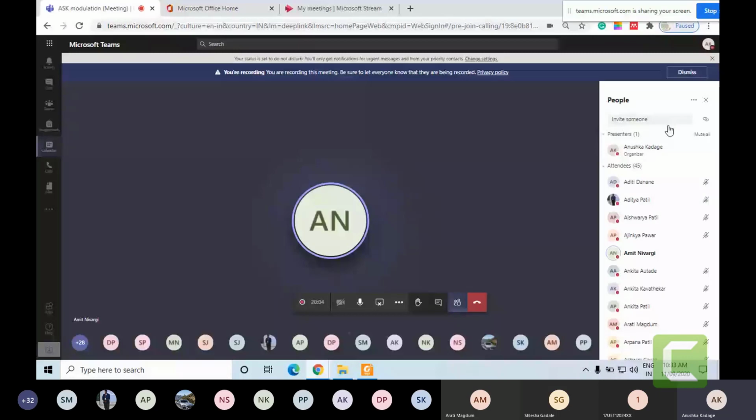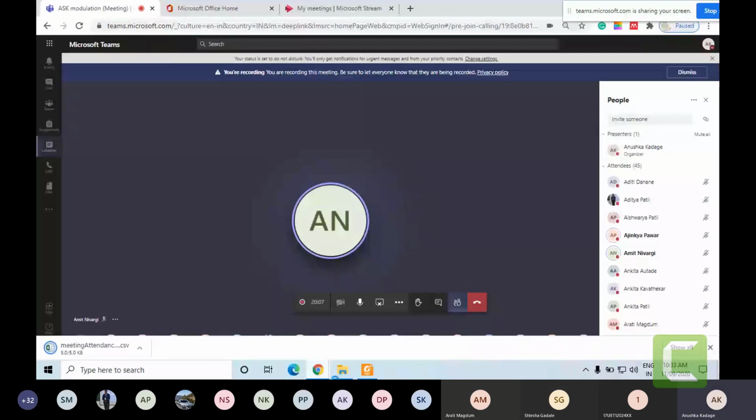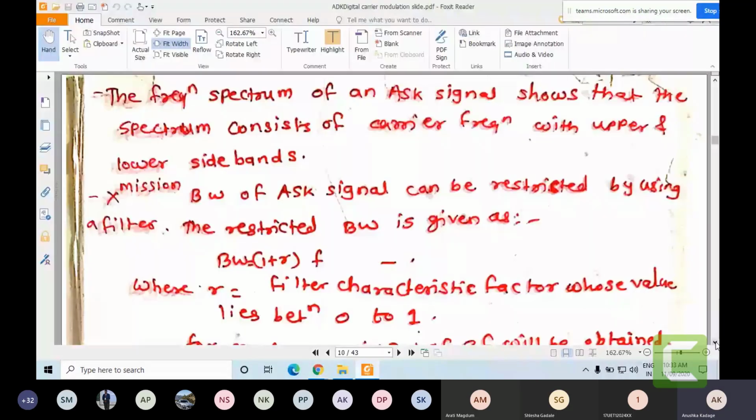Now, the next thing we are going to see is mentioning the transmission bandwidth in terms of the bit rate value. And that's why here we are mentioning the bandwidth that is equal to 1 plus R into F, where this R is nothing but the filter characteristic factor, and its value is always in between 0 to 1.